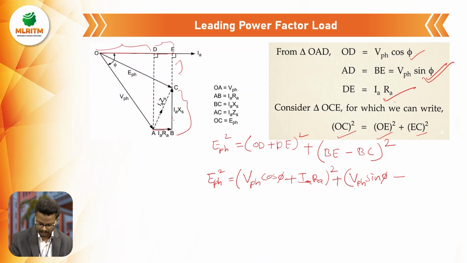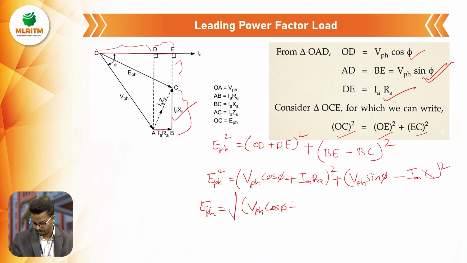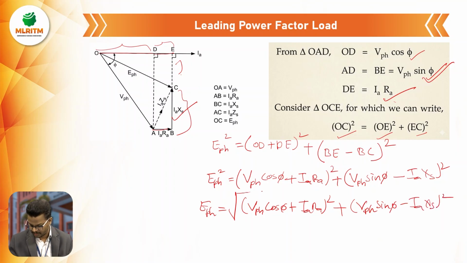What is BC? BC is equal to IaXs. So now we can write the equation for E phase equal to the square root of (V phase cos phi plus IaRa) whole square plus (V phase sin phi minus IaXs) whole square.